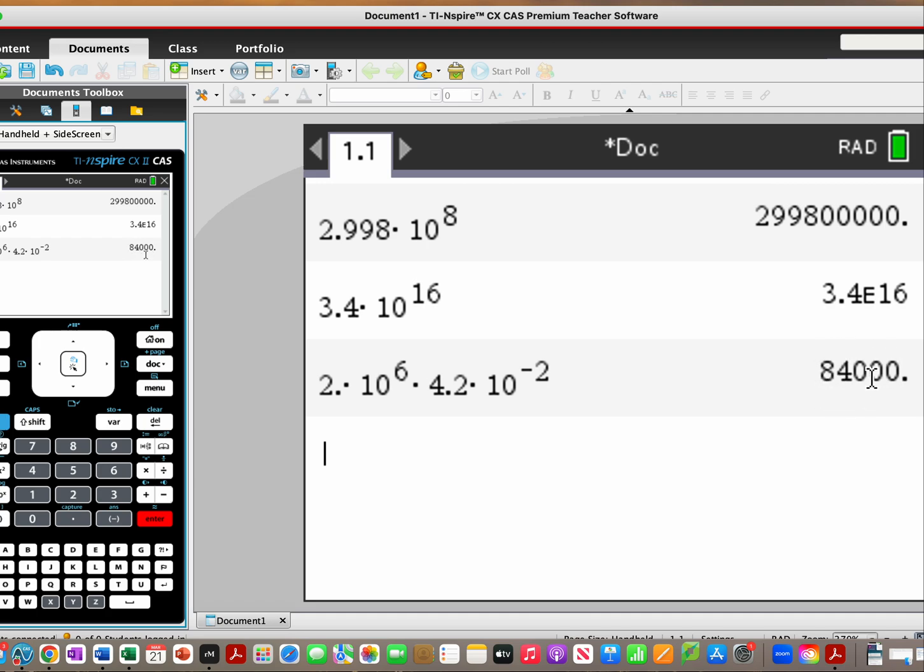We could convert that into scientific notation form. Okay, so we'll leave it there for today.